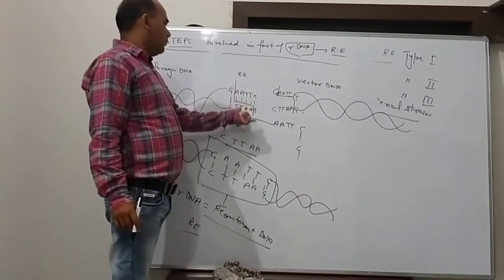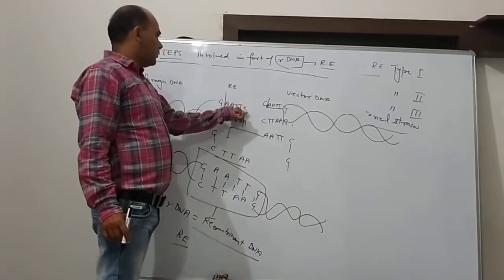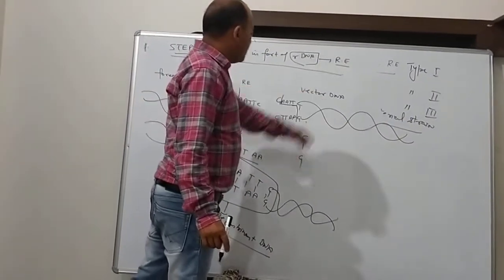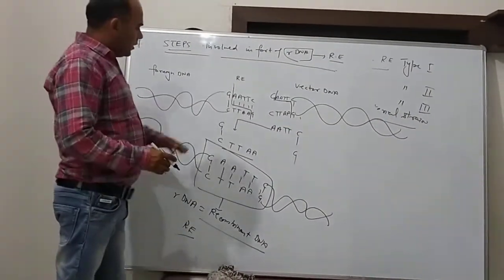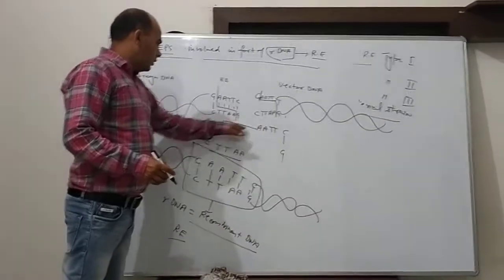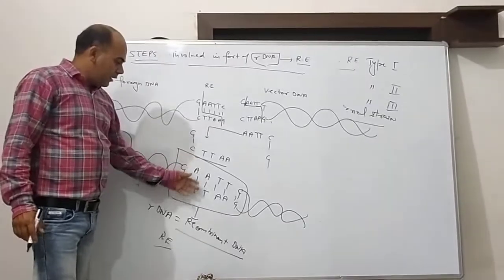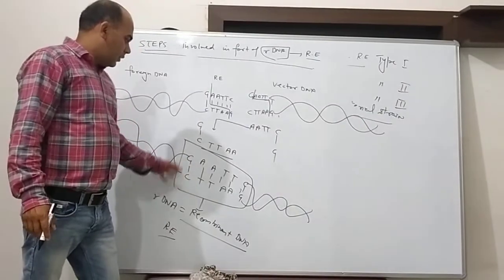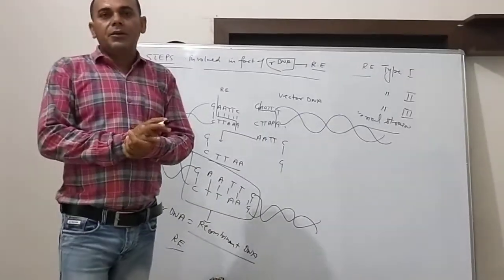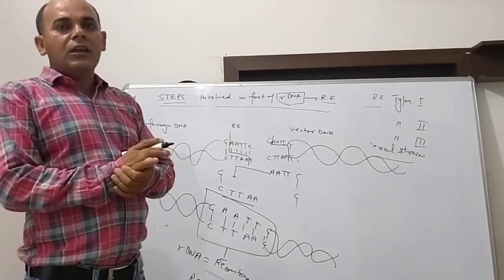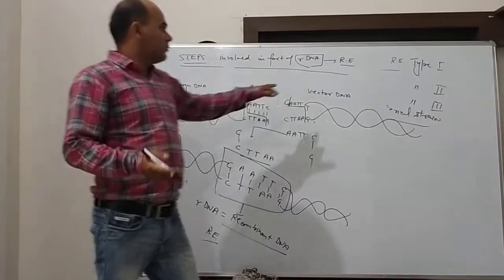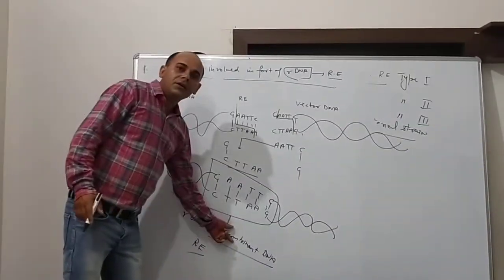They identify a particular specific sequence. They cut the foreign DNA and the vector DNA, and these two single stranded hanging strands are complementary to each other. They pair with each other and form hydrogen bonds between their respective nucleotide base pairs, and two different types of DNA are combined and form a new copy, which is a mixing of two copies, foreign DNA as well as vector DNA. So this is called recombinant DNA.